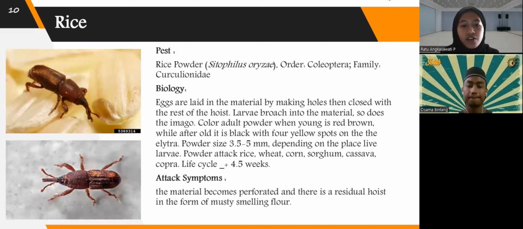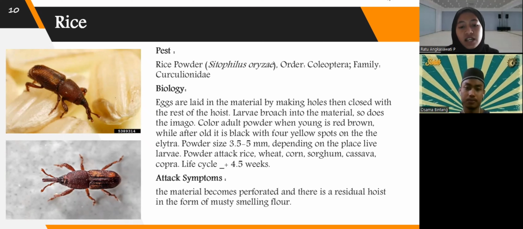The biology of this pest: the eggs are laid in the material by making holes, then closed with the rest of the hoist. The larva lives in the material, then becomes the imago. The color of the adult weevil when young is red brown, while when old it is black with 4 yellow spots on the elytra.